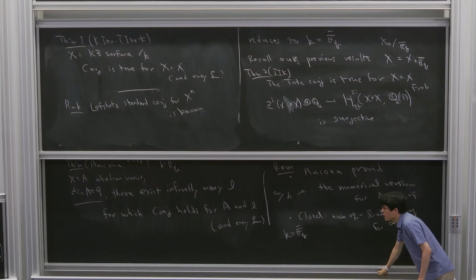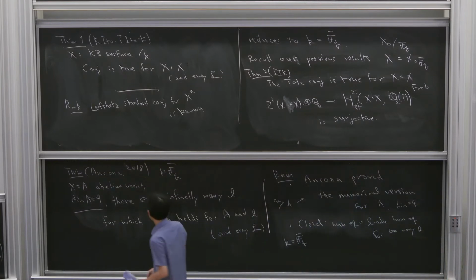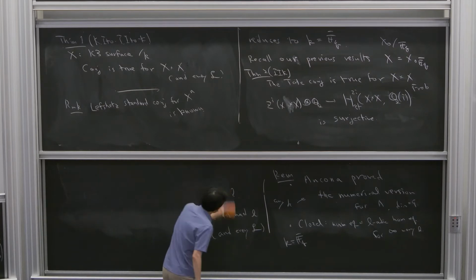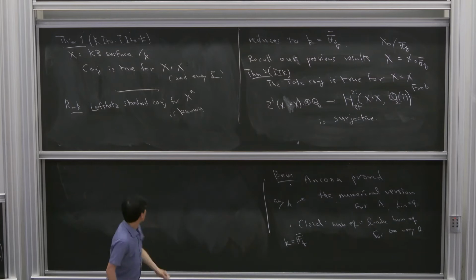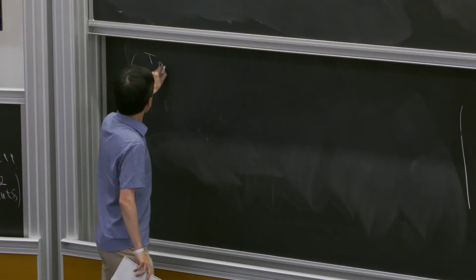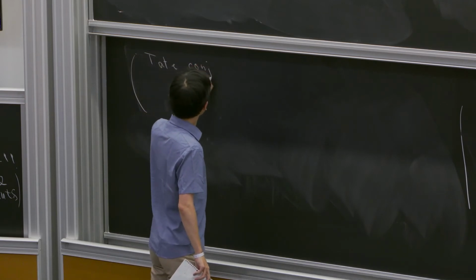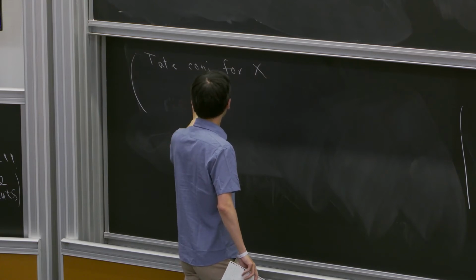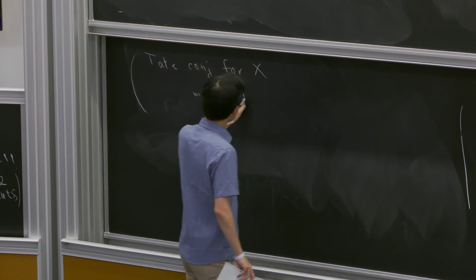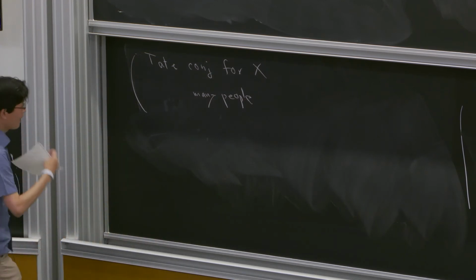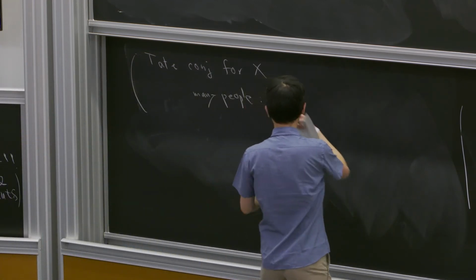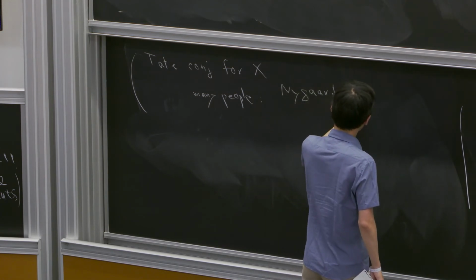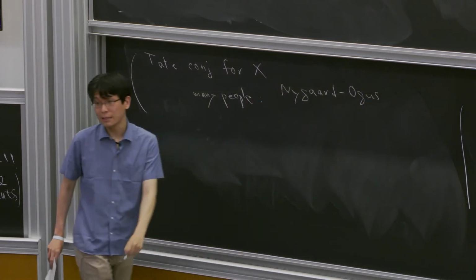The Tate conjecture for X itself was studied by many people, and we rely on it. So this is due to many people, and I cannot tell you everyone who contributed.